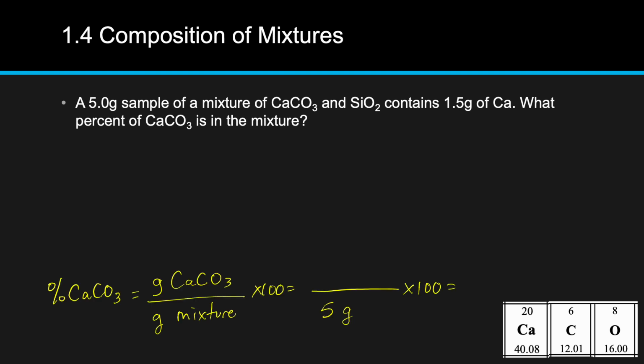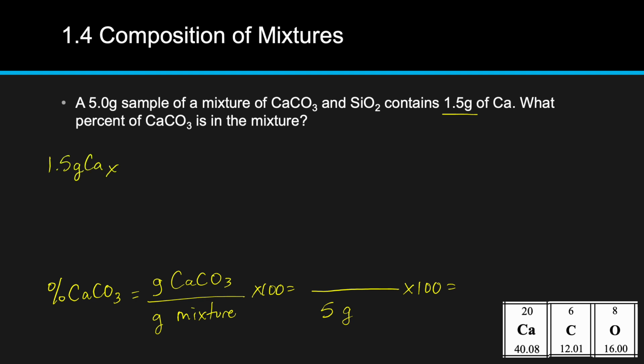So we are trying to find the percent of calcium carbonate in the mixture. So in my numerator, I have my grams of calcium carbonate. In the denominator, I have my grams of mixture, which is going to be 5 grams. So I'm solving for grams of calcium carbonate, and I am given 1.5 grams of calcium. So I start with that, 1.5 grams of calcium.